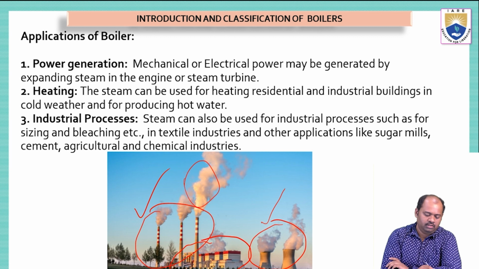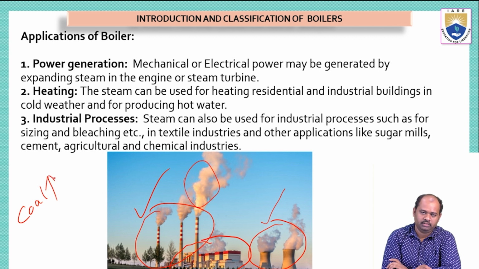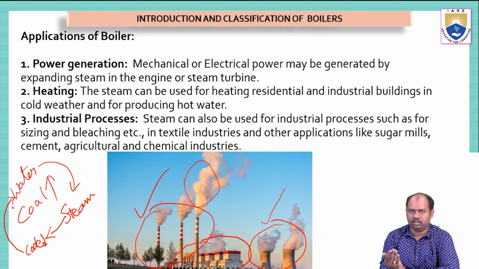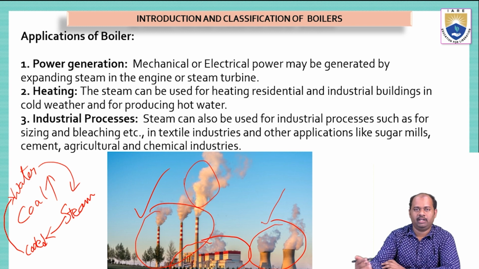So first of all, we have coal which is burnt and heat is generated. This heat is supplied to water and this water is converted into steam, and the steam is cooled down, and again converted into water and sent back to the boiler and heated again.